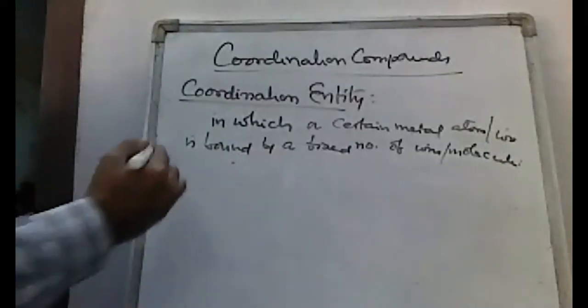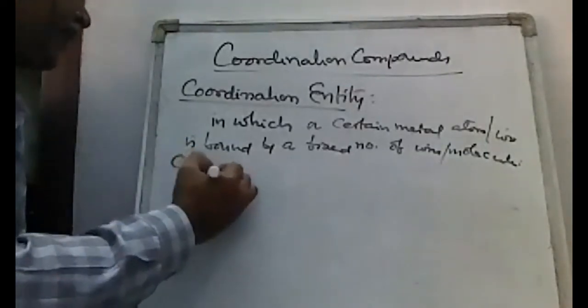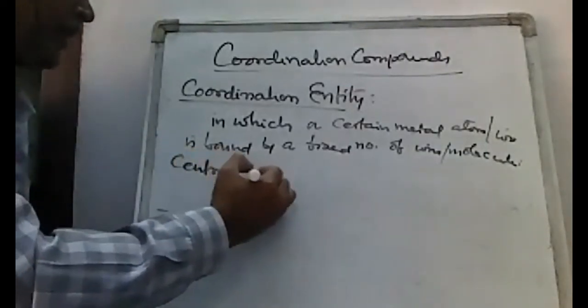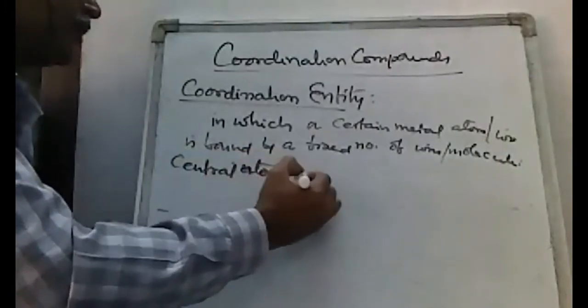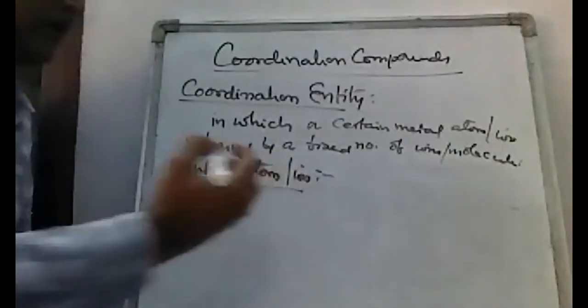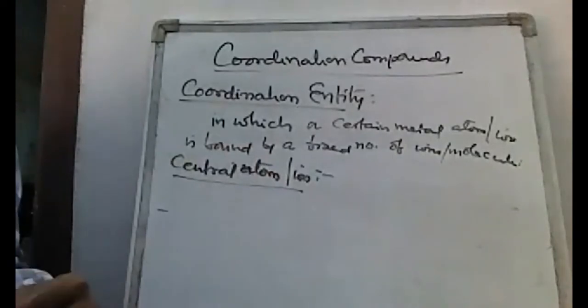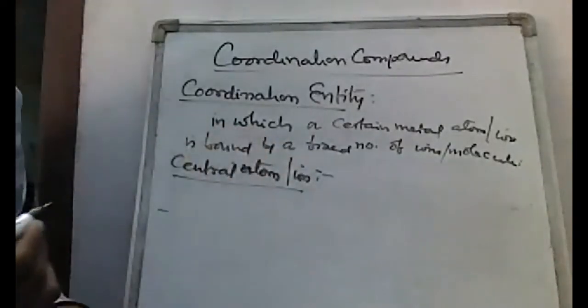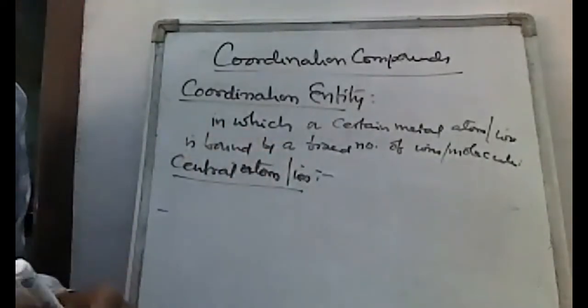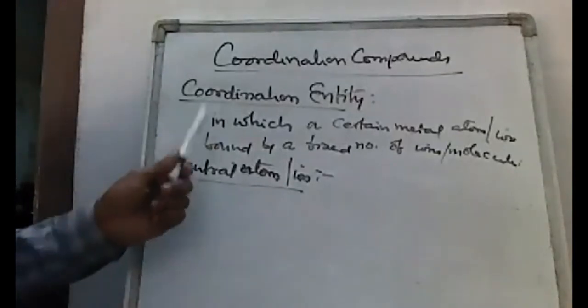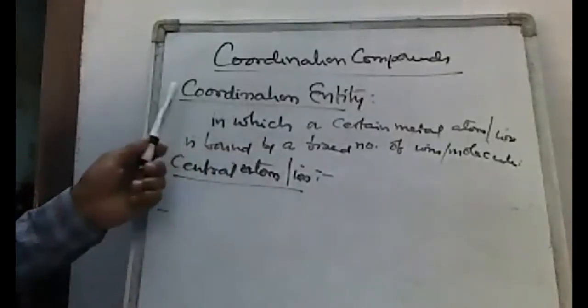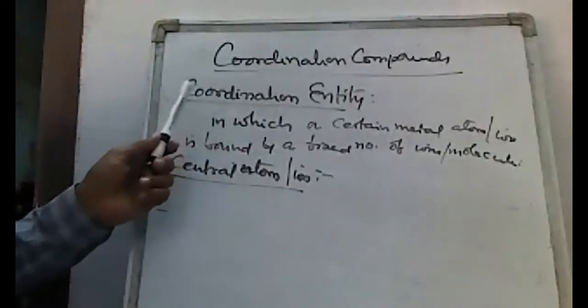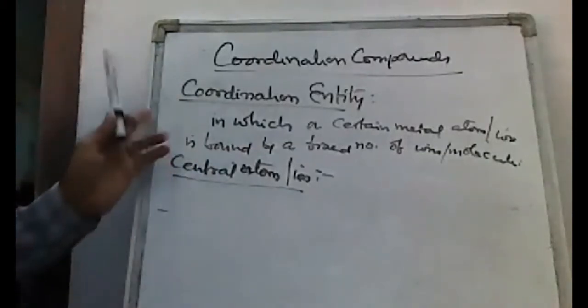Then the second one is the central atom or ion. What is a central atom or ion? In a coordination entity, a particular metal atom or ion is bound by a fixed number of ions or molecules in a definite geometrical pattern.